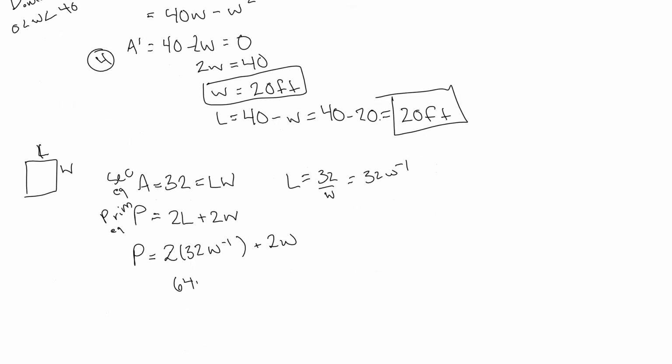I've got 64W to the negative first plus 2W is equal to our perimeter. We're trying to figure out what our feasible domain is for that. So if our length was really close to 0, and we know our area is 32, then our width would have to be less than 32. All right.